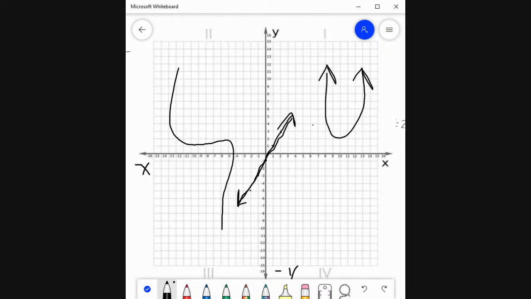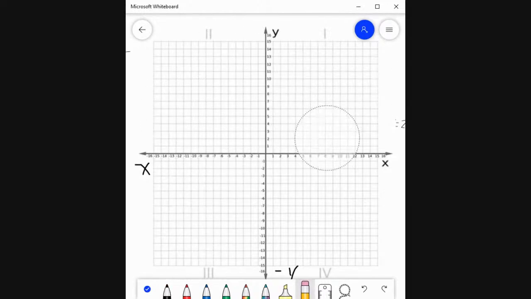Now, here is a key way to plot your points when you have intercepts.